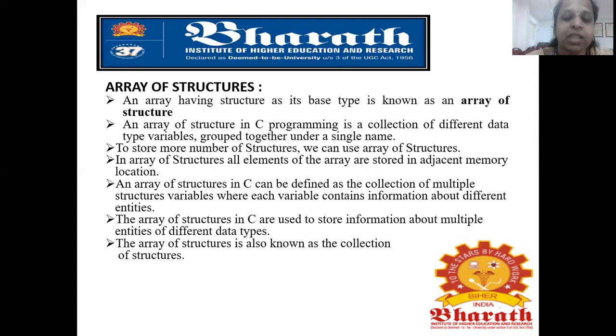In an array of structures, all the elements are stored in adjacent memory locations. The structures are stored in the format of an array. The array of structures in C is used to store information about multiple entities of different data types. The array of structures is also called a collection of structures.